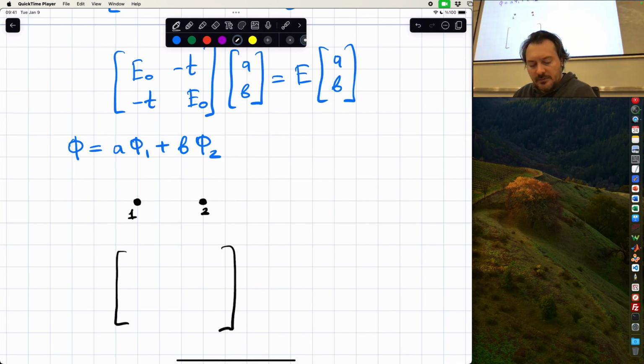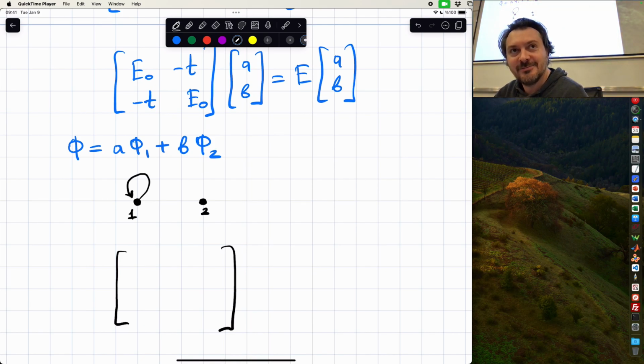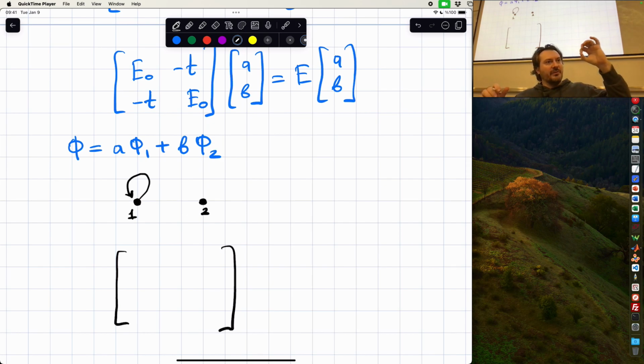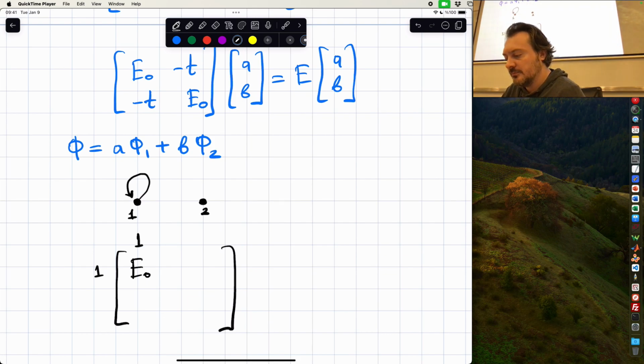To construct this matrix, what is this called? On-site energy. It's called on-site energy. So what is the energy of that site when it's isolated? That is E0. So I write into 1 by 1 E0.